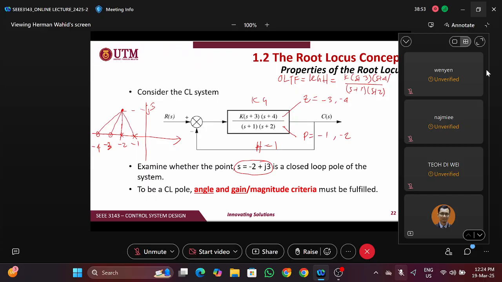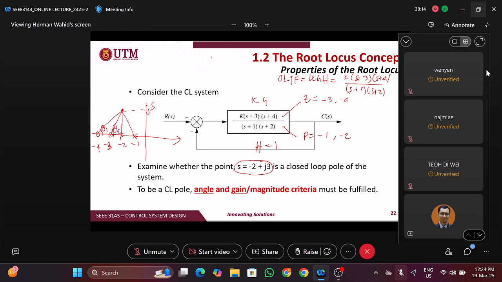Okay, and then we note down the angle of each line here. We start with the zero line, so we call it theta 1 here. This is theta 2.